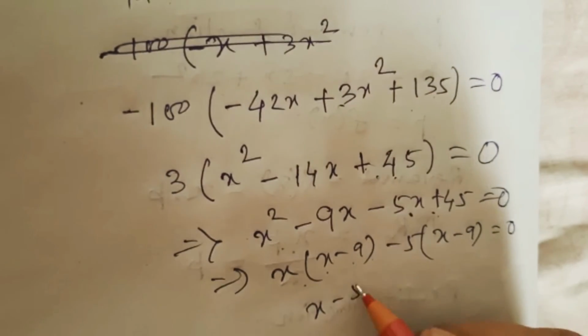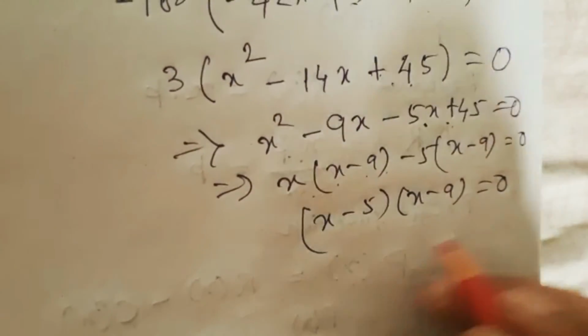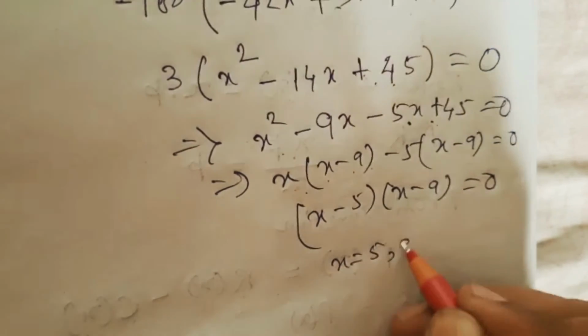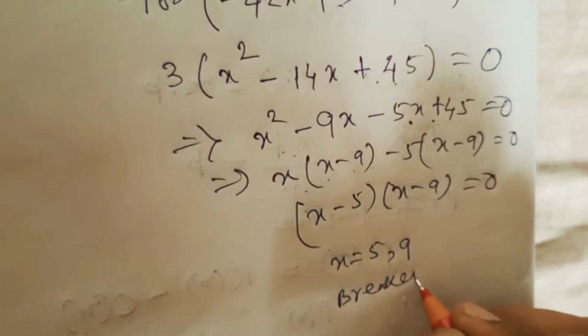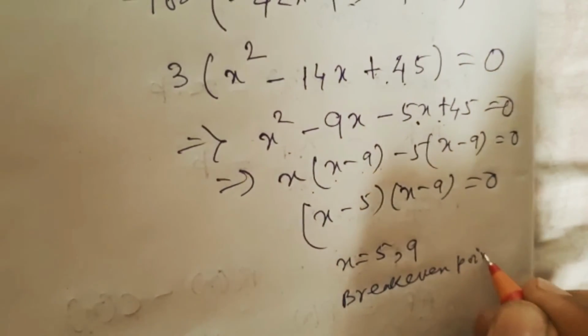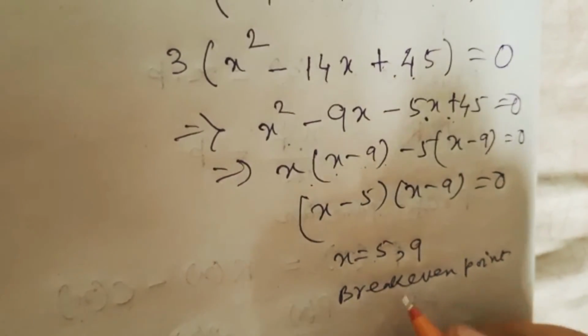Then x minus 5 and x minus 9 is equal to 0. Then x is equal to 5 and x is equal to 9 is the break-even point. Okay, understood?